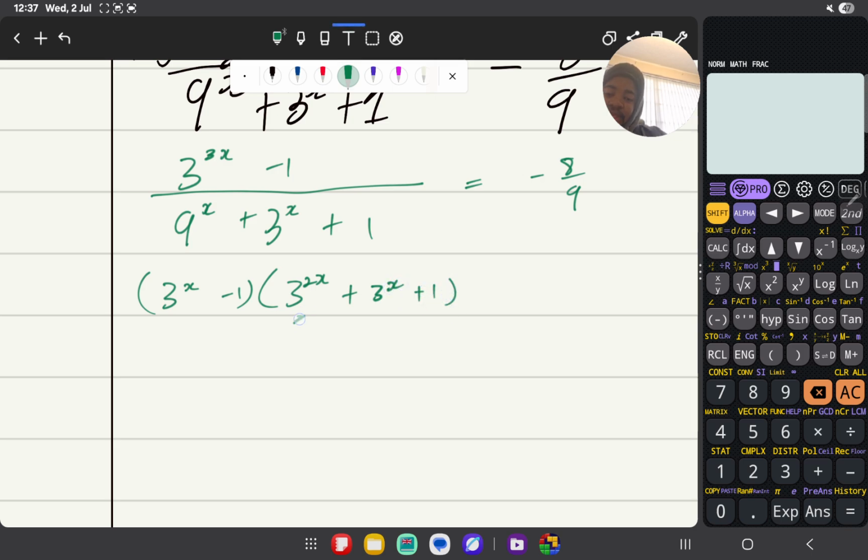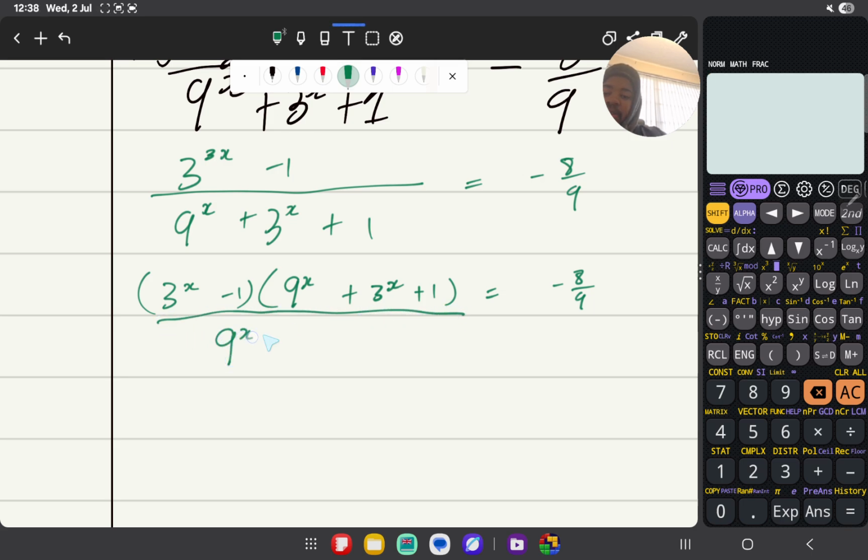And this 3 to the power of 2x is the same as 9x, right? So I'll just see how this is going to help me later on. Cool.